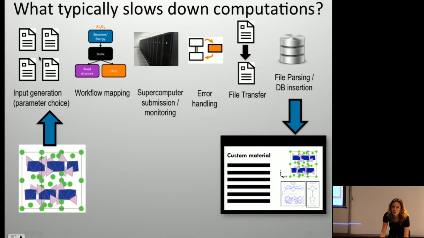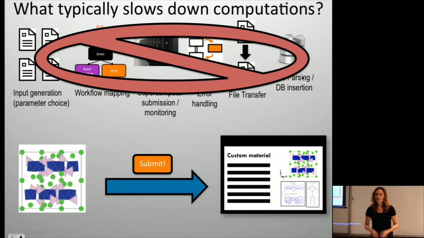First you have to generate the input files, then you have to map it on some sort of, what different tasks am I going to perform? I'm submitting to a supercomputing center. I have to have some sort of error handling, because none of these codes are perfect. They frequently crash, or there are errors, or they don't converge. So there's the sort of self-healing error handling over here, file transfer, and file parsing. And all this is taken care of by a code that we call Fireworks, that is agnostic to what kind of calculation you want to run. It's not just DFT codes.